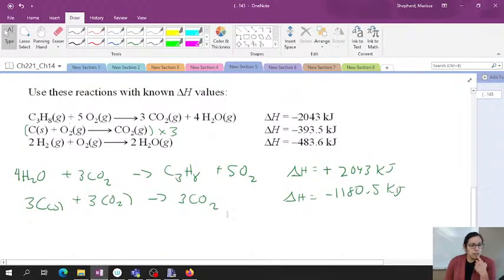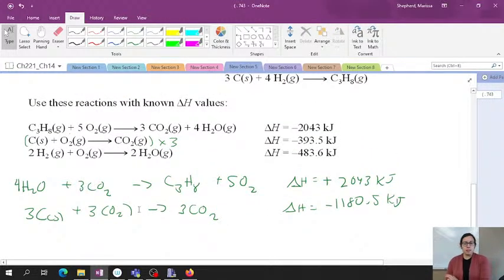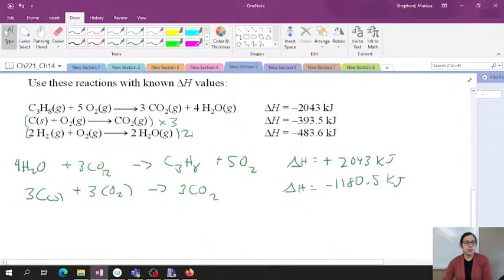Okay. And then, before I try to add them, let me account for the hydrogen first. Right now I have no other hydrogens anywhere. It's only in this equation. I need 4 of them. So let's just see what happens. We'll have to multiply this times 2 to get us to 4. Again, I'm just looking at this equation.